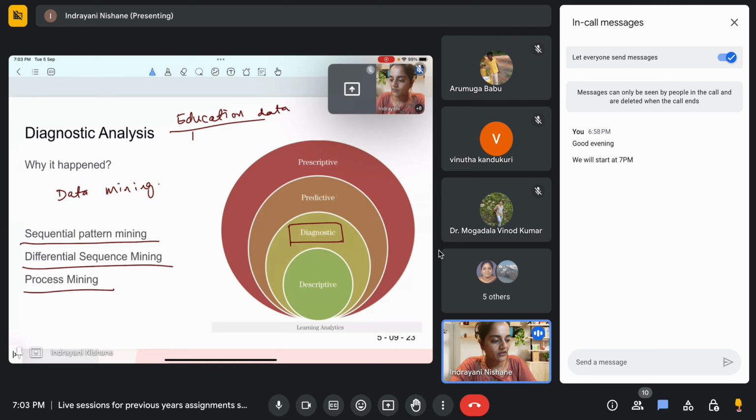What comes under educational data is students' log data from LMS or any open-ended learning system or any online learning system.